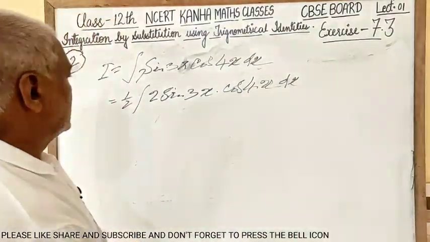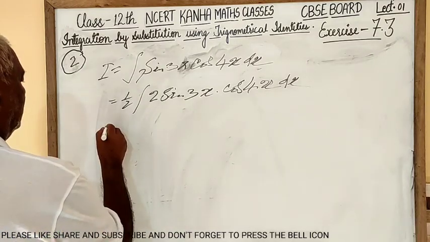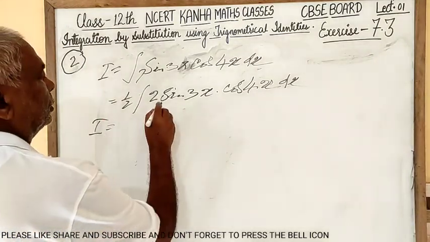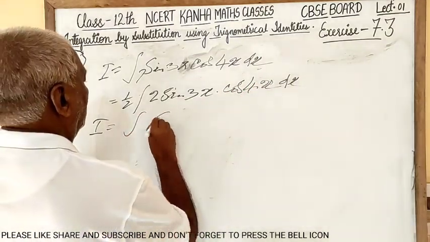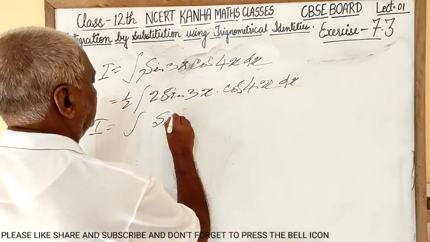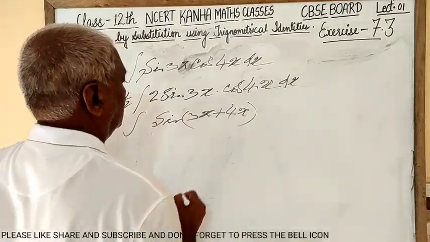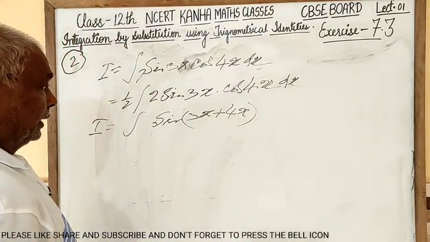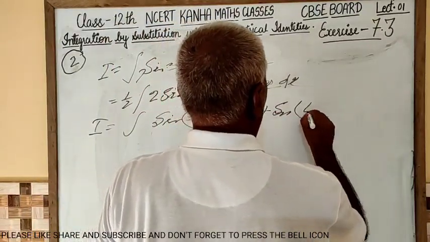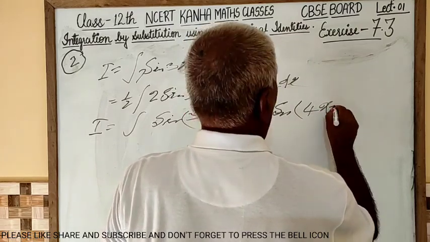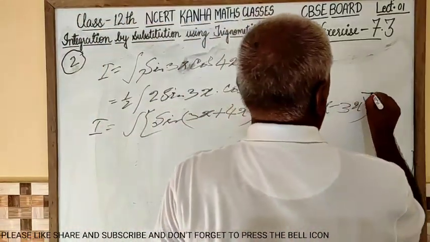Hence, we will utilize that very identity, and I will be equal to the integral of 2 sin 3x cos 4x dx, which is sin(3x plus 4x) plus sin(4x minus 3x) dx.